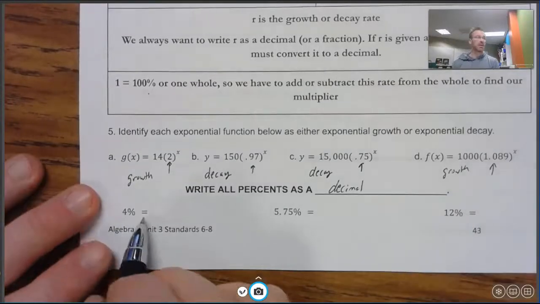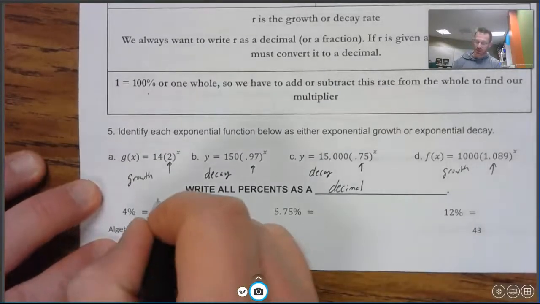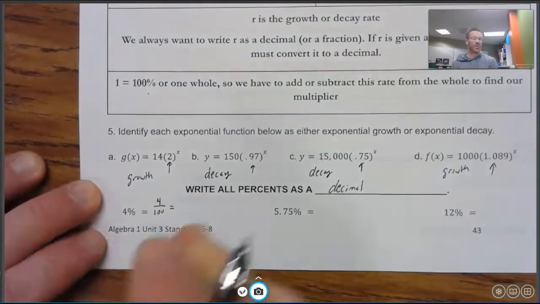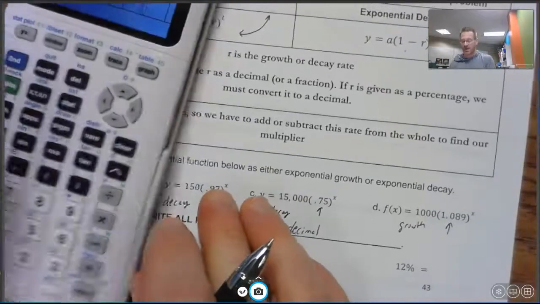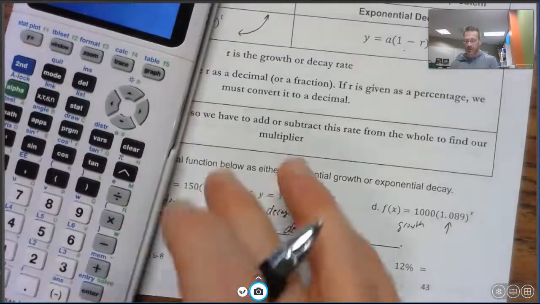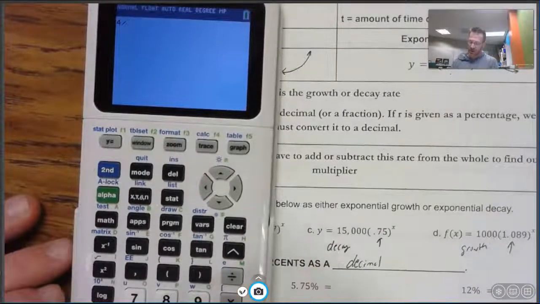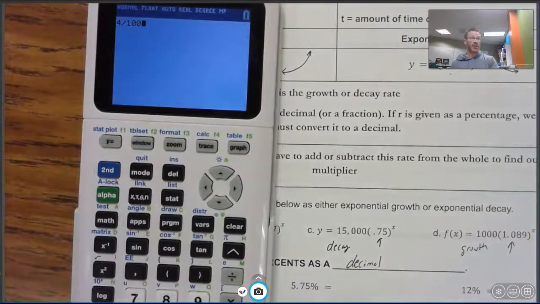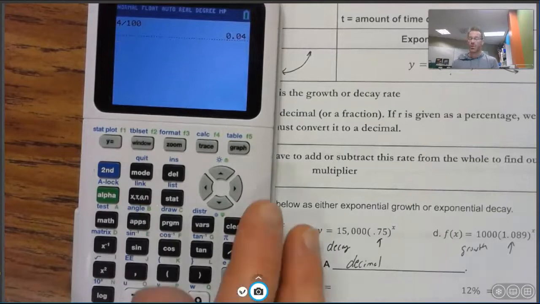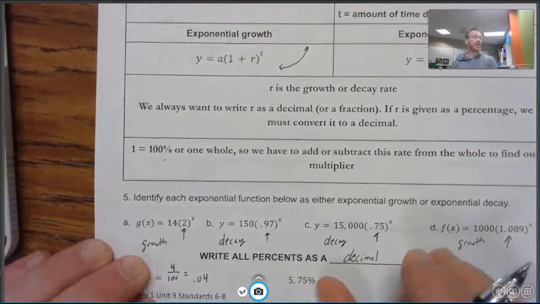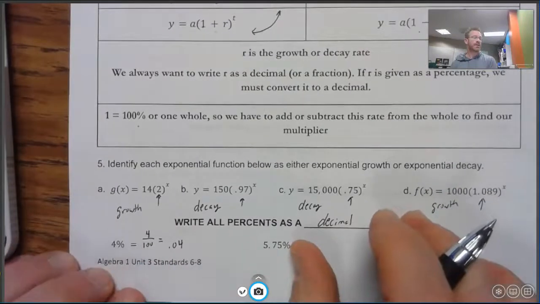To change this to a decimal, I can take whatever the percent is and divide it by 100 on my calculator, and that's going to give me the decimal. So 4 divided by 100, that's 4 out of 100, and the decimal would be 0.04. That's how you get to your decimal.